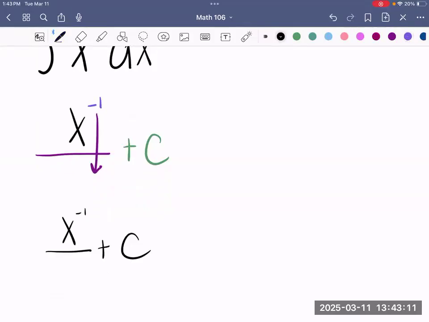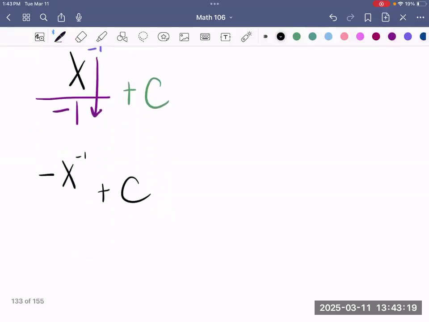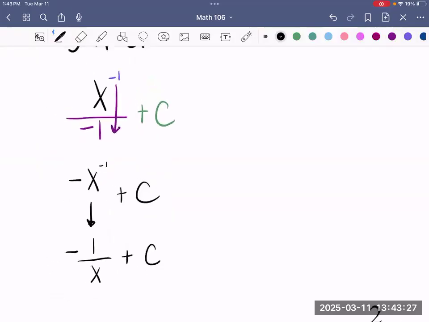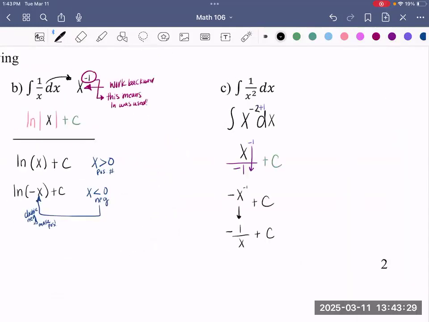And therefore, we're dividing by a -1 here. So all in all, this is a negative over here. I'm going to write it one more time and have this drop. So it's -1 over x plus c. That is what I'm looking for. And again, I want to very clearly emphasize here that x is not equal to 0.